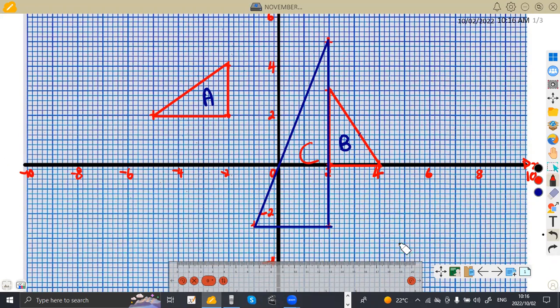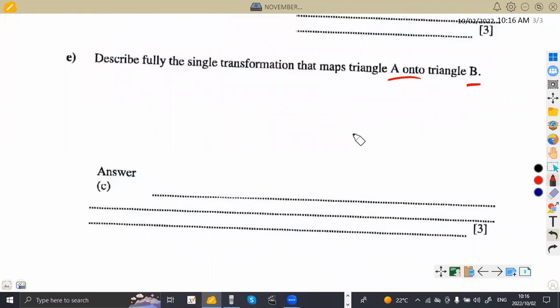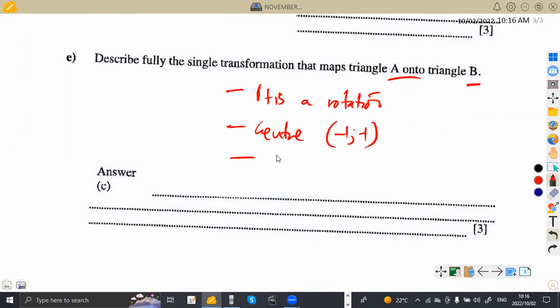After joining the points, actually, guys, there is too much noise now, so I'm just going to write the answers, but I want you to do it and see if it is going to correspond. That one was going to be a rotation. The center was going to be -1, -1, and the angle of rotation was supposed to be 90 degrees clockwise.